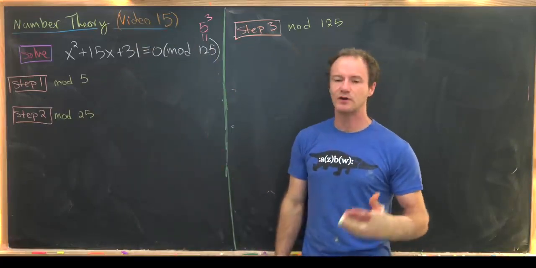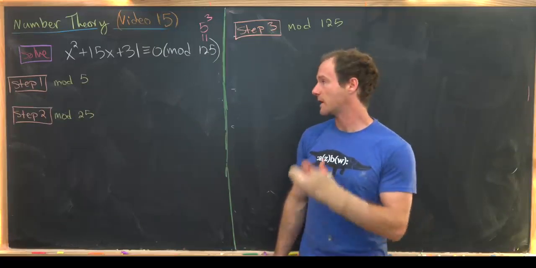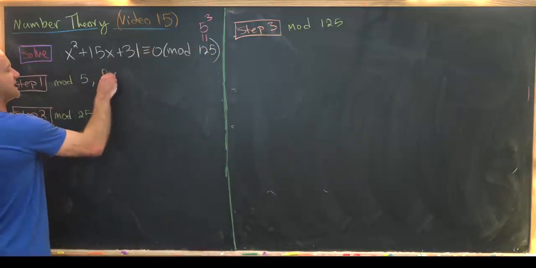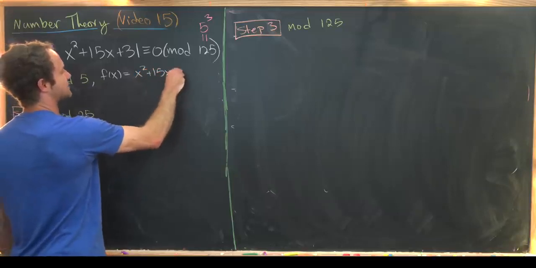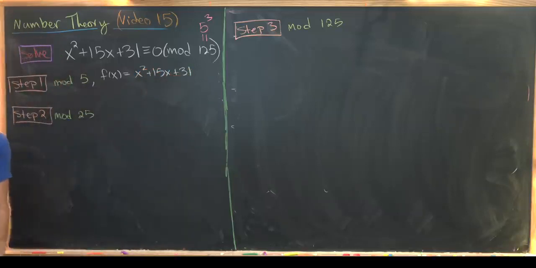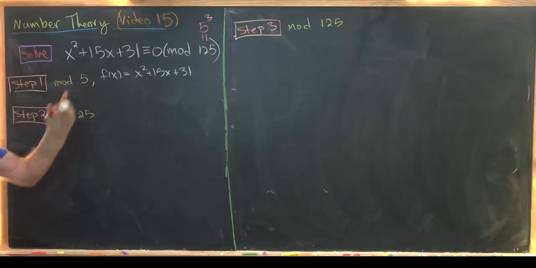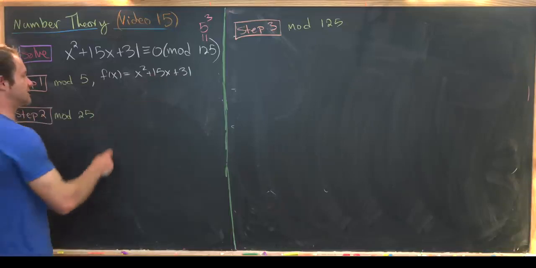And if you needed to keep going, you could just reapply Hensel's lemma over and over again. Okay, so let's first introduce some notation. So let's set f of x equal to x squared plus 15x plus 31. And notice that if we reduce this thing mod 5, well, 15 is just going to disappear to 0 and 31 is 1.